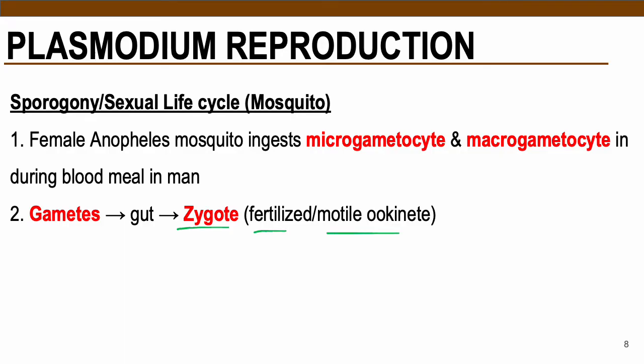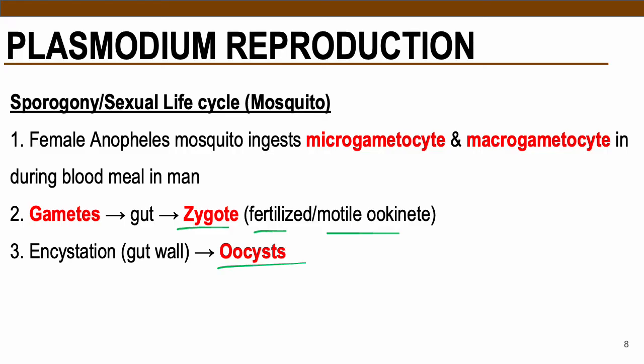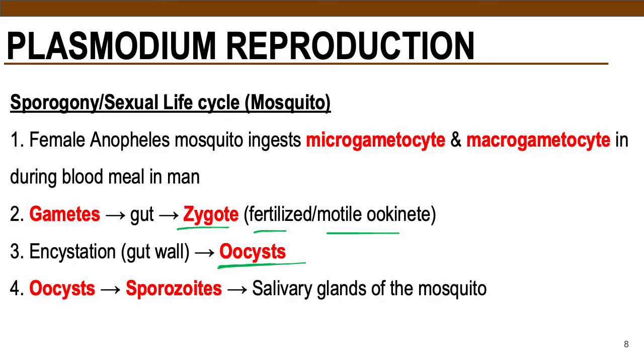The motile ookinete or zygote becomes encysted in the gut wall of the Anopheles mosquito, and in turn develops into the oocyst. The oocyst, on complete maturation, will rupture and release numerous sporozoites. These sporozoites will migrate into the salivary gland of the mosquito and are ready to infect another susceptible human upon getting bitten by the same mosquito.